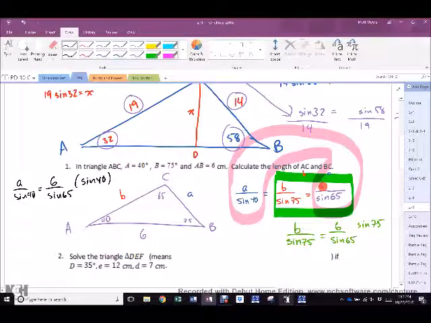Now, hold up a second. If I do this on my calculator, and I've shown you guys how to do this before, when you have fraction equals fraction, multiply and divide what's left over.